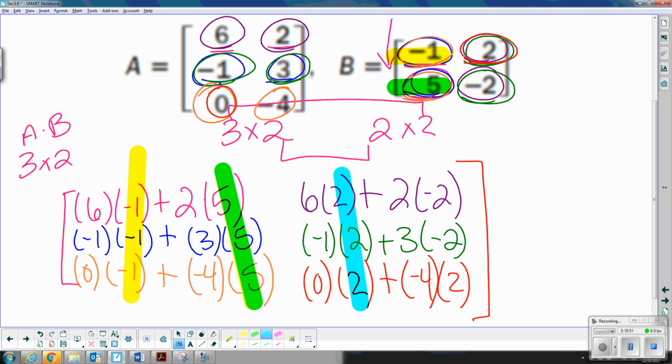And then we see times 2, times 2, times 2. That's where that comes from, our matrix B in the second column. And then lastly, -2, -2, this should be -2.